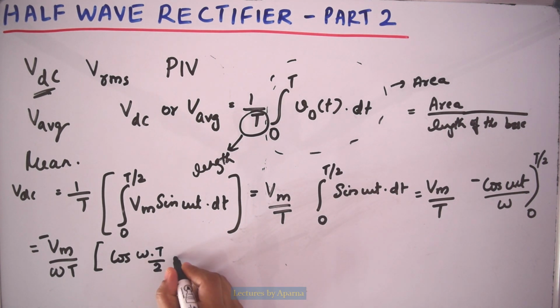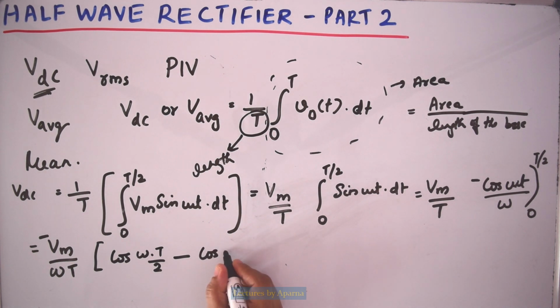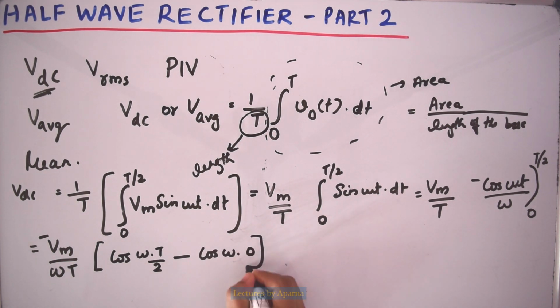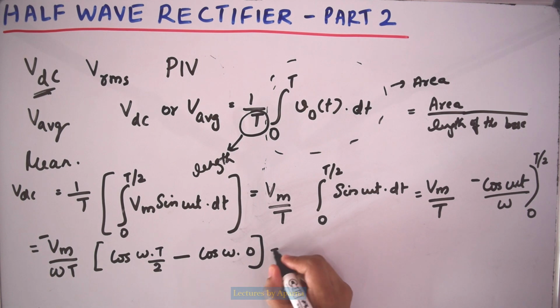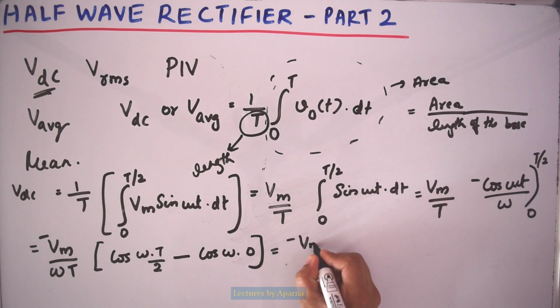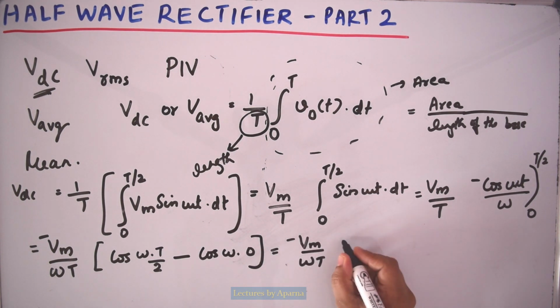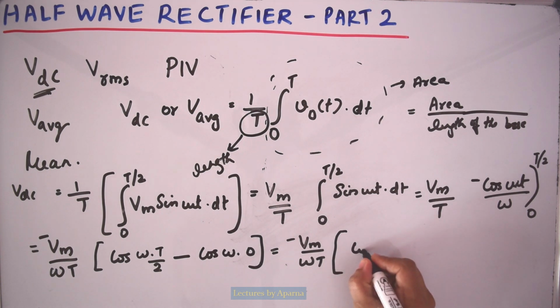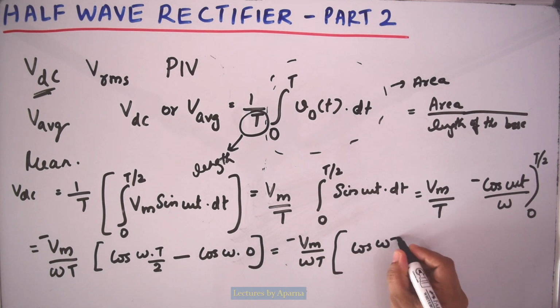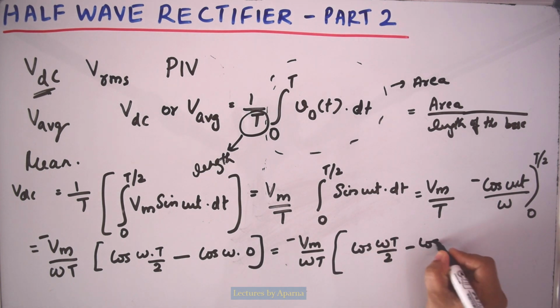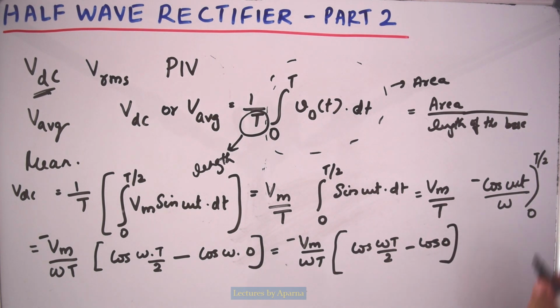This will be equal to minus Vm by omega T into cos omega T by 2 minus cos 0.